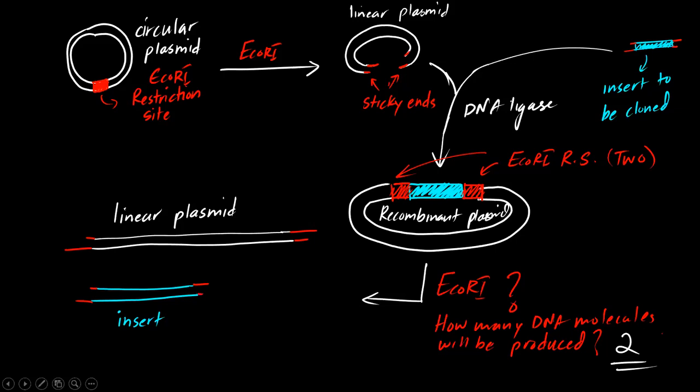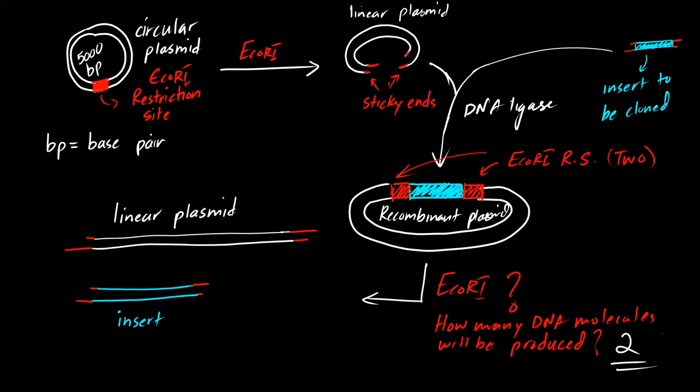Linear means خطي. Okay? Now, imagine if this circular plasmid consists of 5,000 base pairs. BP indicates base pair.